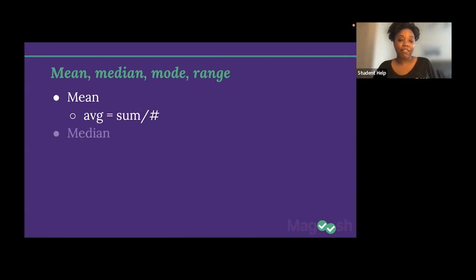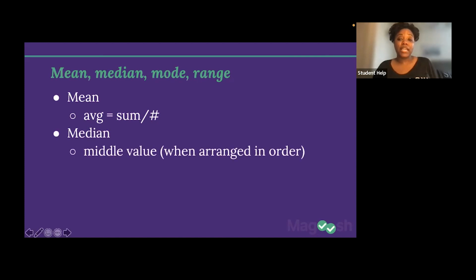The median is different, and you have to be careful because a lot of people get mean and median mixed up. They are not the same. Median is the middle value in a set of numbers when those numbers are arranged in order from highest to lowest or from lowest to highest, which is most commonly seen.